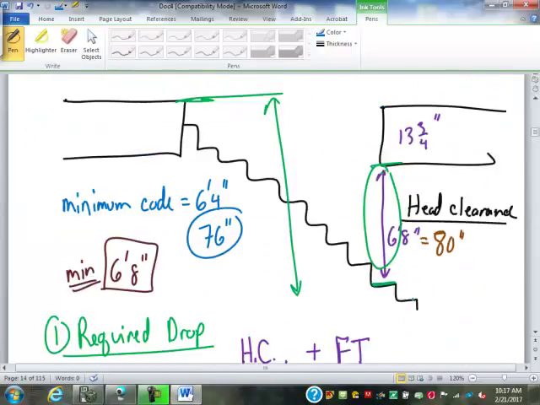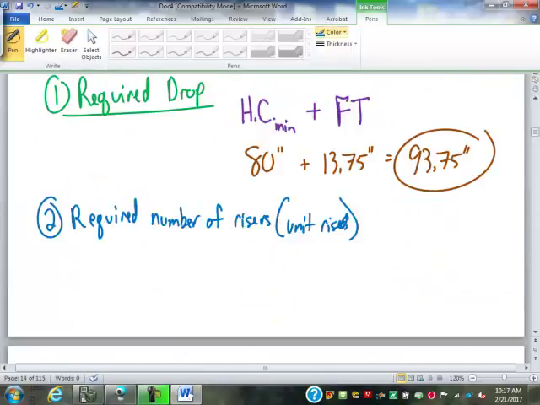So let's say that we have a riser of 7 1/4 inches. Okay? That's given. We didn't calculate that. I had to give that to you.